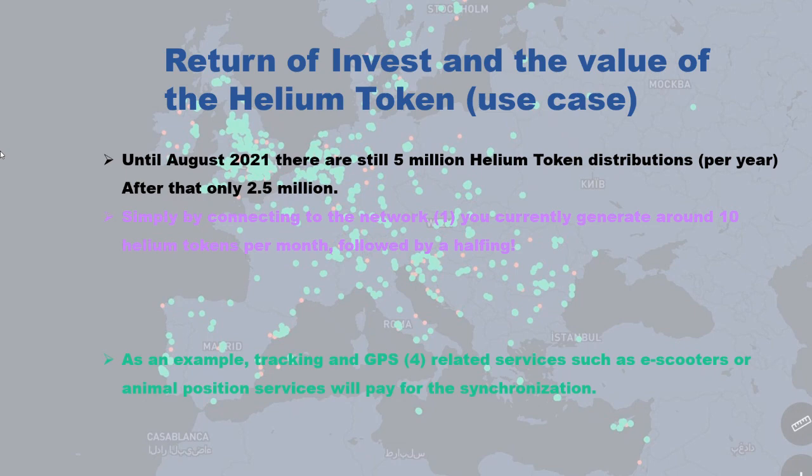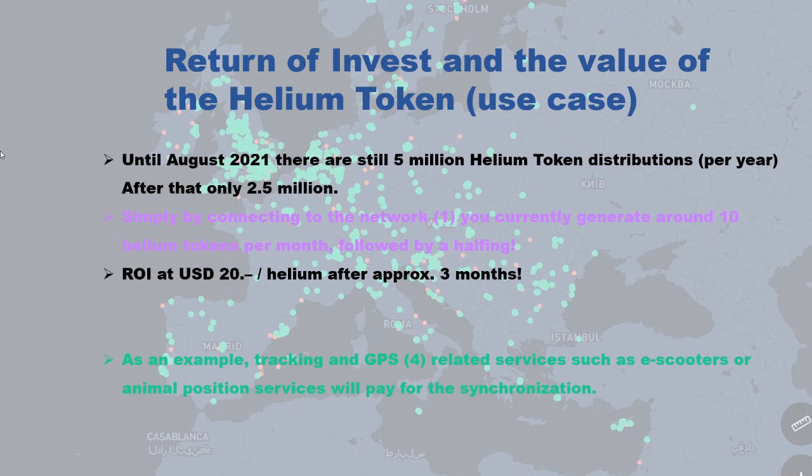Simply by connecting to the network, you currently generate around, I would say now more, 6 Helium tokens, and after the halving it would be 3 Helium tokens. For the return of investment, let's set the price at $20 per Helium token after approximately 3 months.